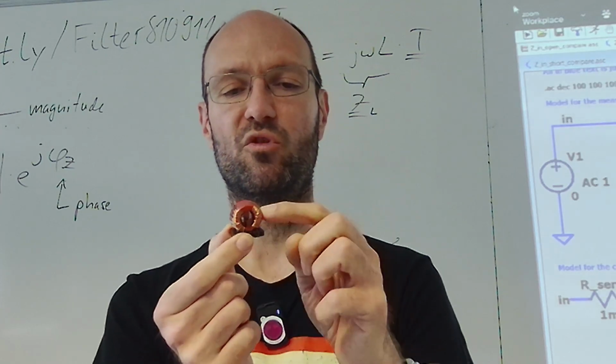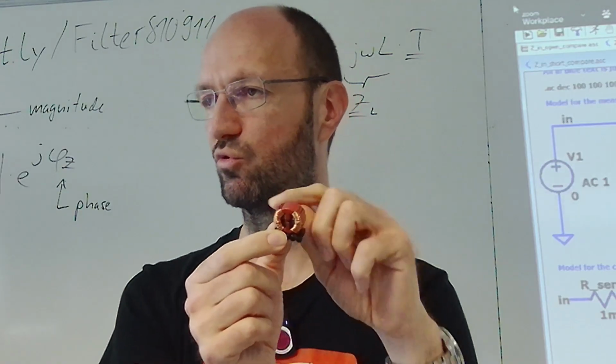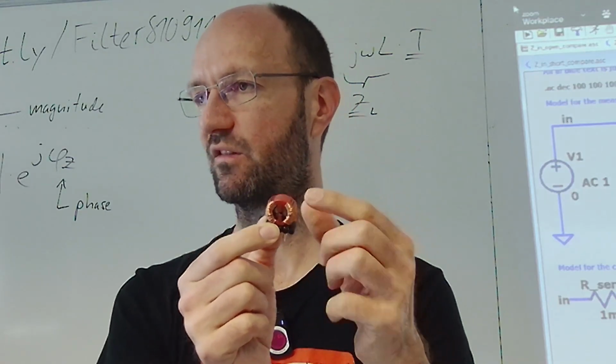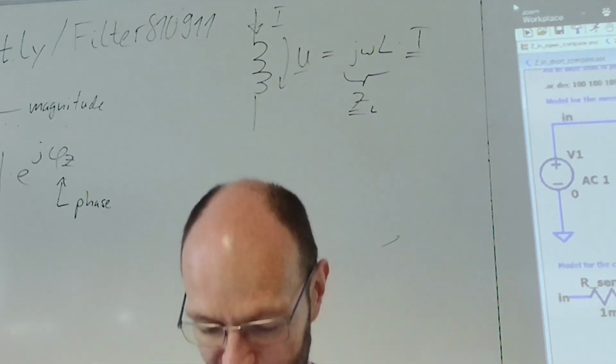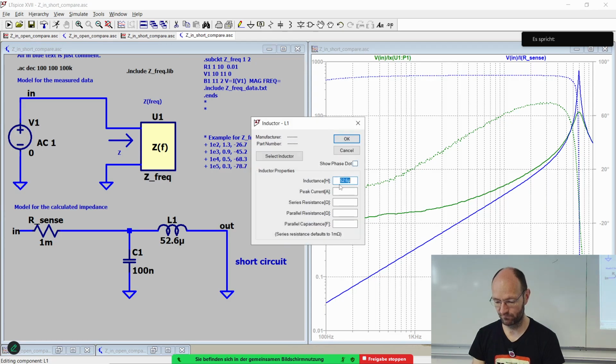And so due to the wire we have series resistance, and due to the core we have parallel resistance. So if I add a series resistance, which value have you chosen?